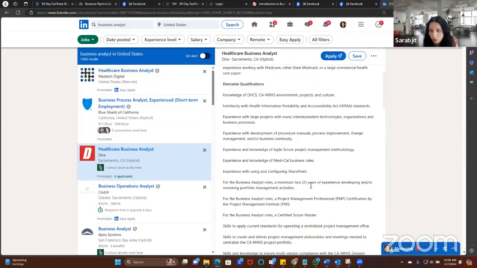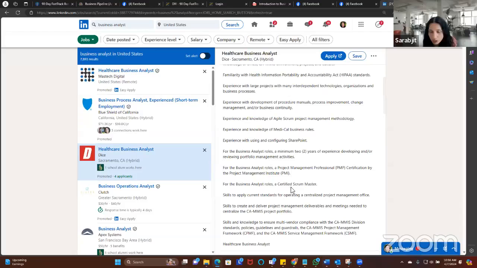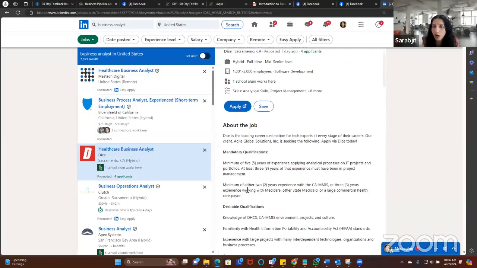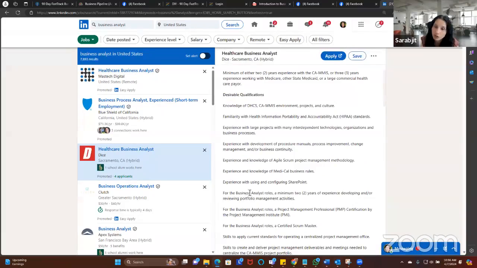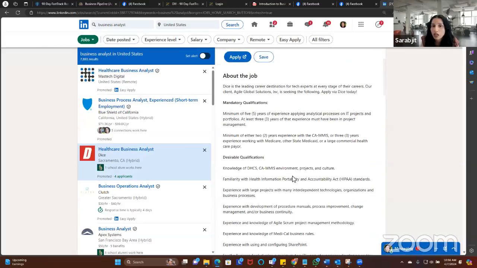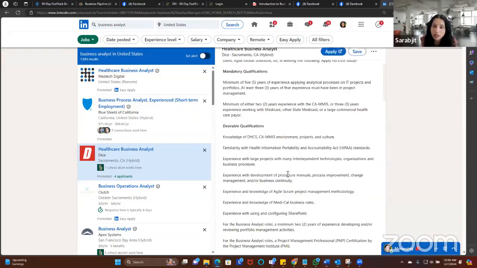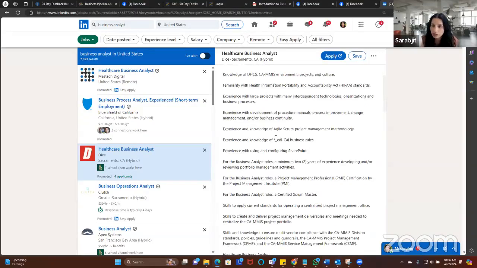For the business analyst role, a minimum of 2 years of experience, a project management PMP certification, and a certified Scrum Master. So this tells me that they're hybrid, right? They're looking for somebody that has business analyst experience, and they also want to make sure that you have certifications and experience in the Agile Scrum methodology. So if you were applying for this role, I would highly suggest that you talk about your business analyst and slightly Scrum background, because it looks like this is going to be one of those hybrid roles that I just talked about.